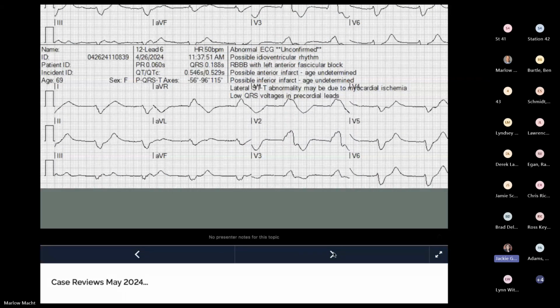Now your QRS is even widening further, so it should start to get you worried that this patient might be hyperkalemic or may have taken an overdose on tricyclics. So either way, you're seeing this patient's QTc widening in front of you with hemodynamics that are abnormal. They document multiple tachycardic rates, but I think that was an error because all 12 leads showed that this patient was bradycardic. Next.